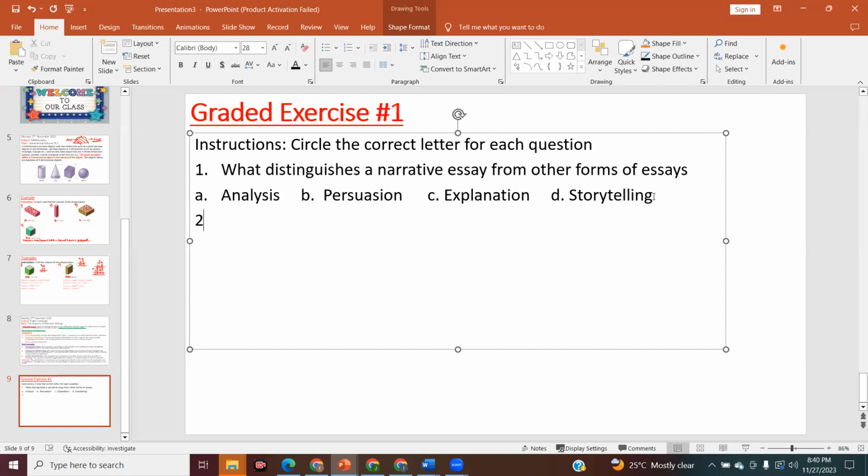Number two, what is the purpose of the hook in the introduction of a narrative essay?